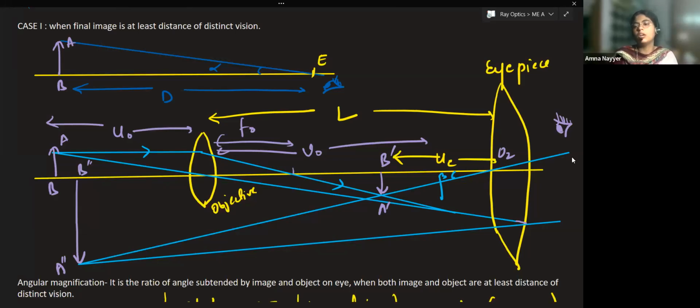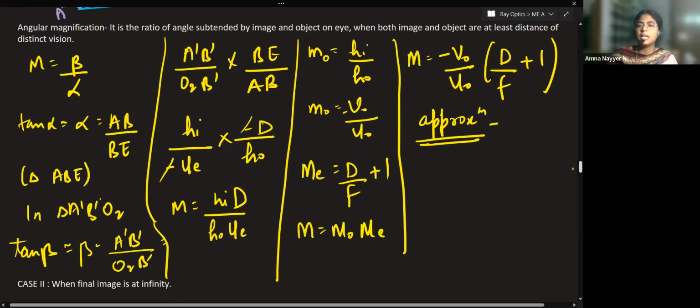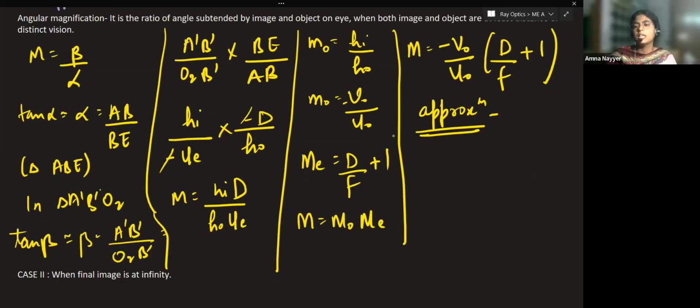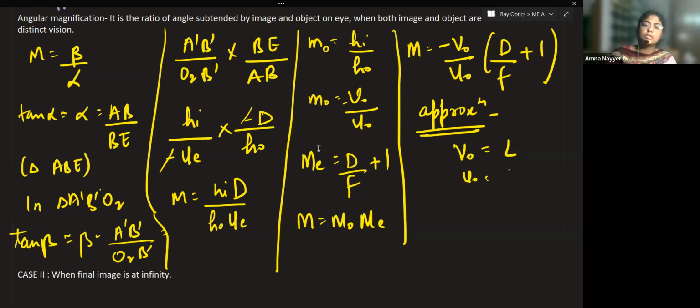V naught is sometimes written as capital L only. And you write the object distance for the objective lens as the focus, F. So the formula just changes: minus L by F, times D by F plus 1.